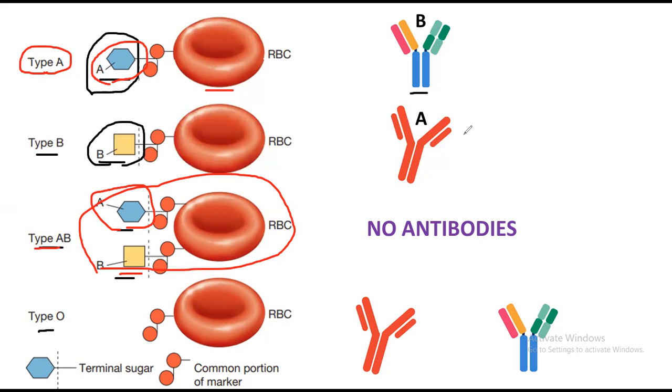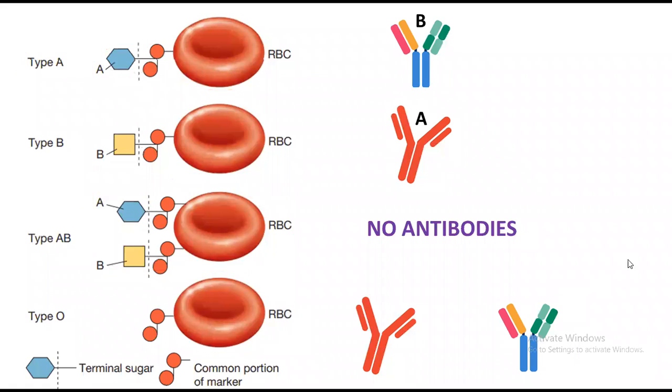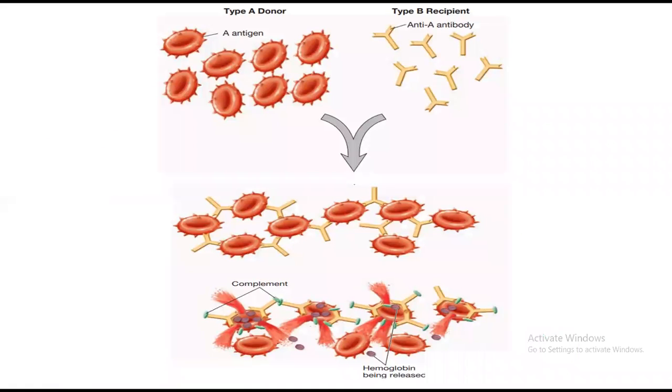Okay, so the antibodies will start, and there will be a massive activity against these RBC. So if I want to show you what will really happen here, it can be easily understood. Okay, so this will happen.